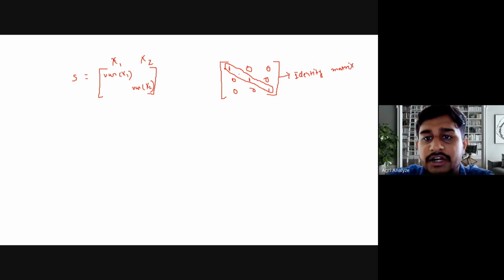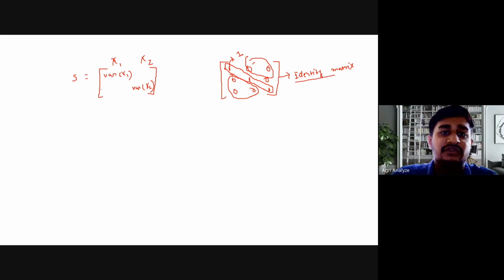If the diagonal elements are unity, then this is the identity matrix. These are the upper diagonal elements, and these are the lower diagonal elements. In the identity matrix, the upper and lower diagonal elements are 0, and the diagonal elements are equal to 1. That's why it is called the identity matrix.